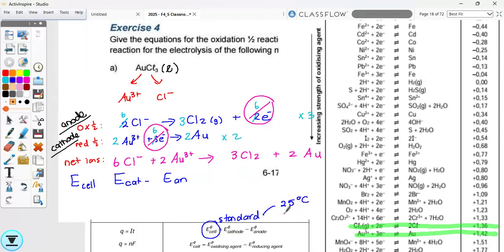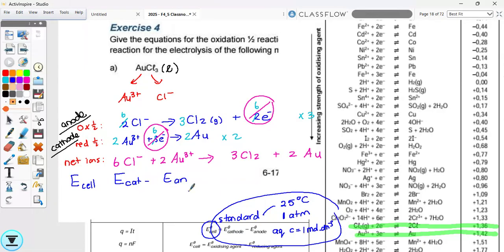If it's a gas, that's still the same as for other things: 1 atmosphere or 101 kilopascal, but you can just say 1 atmosphere. And if it's something that is aqueous, then the concentration must be equal to 1 mole per cubic decimeter. So if it's not these standard conditions, the voltages would be slightly different.